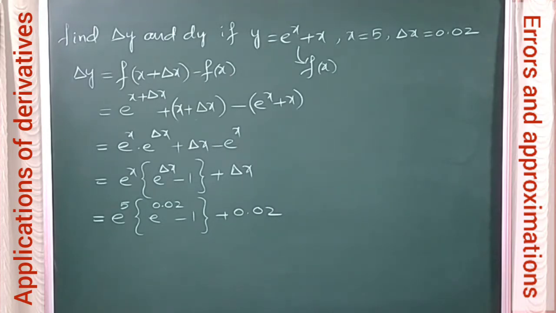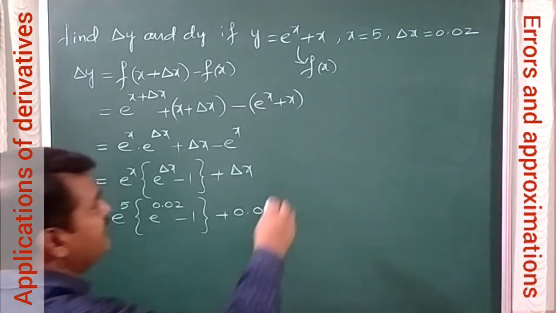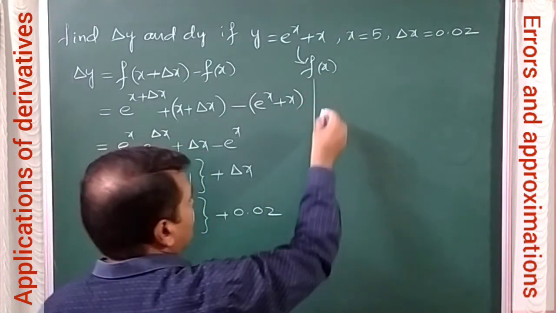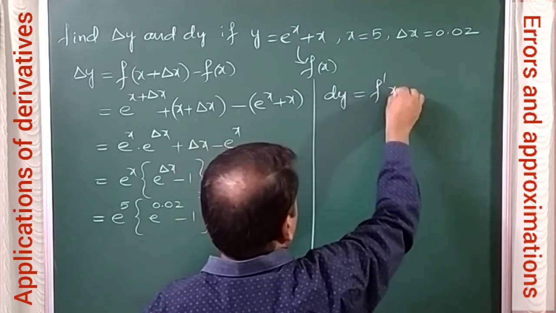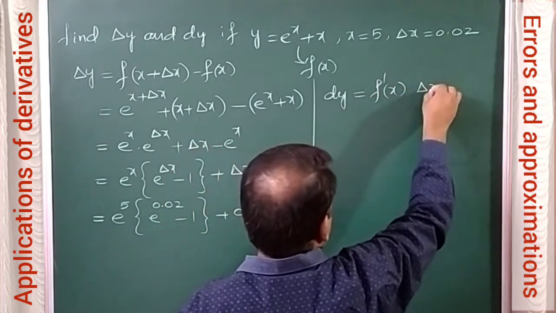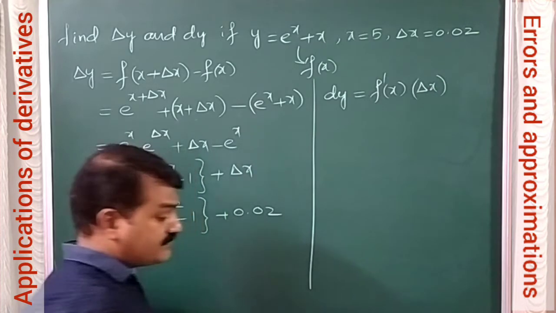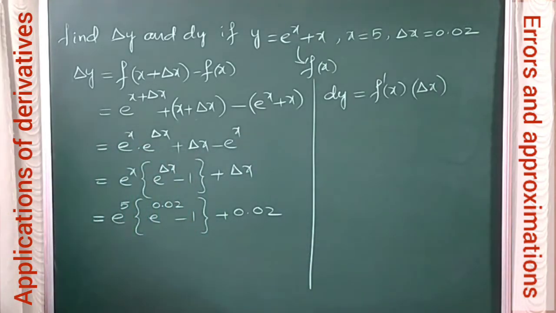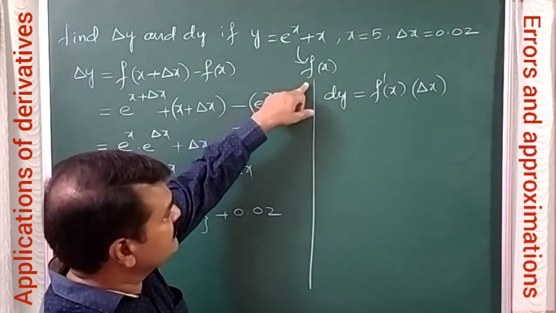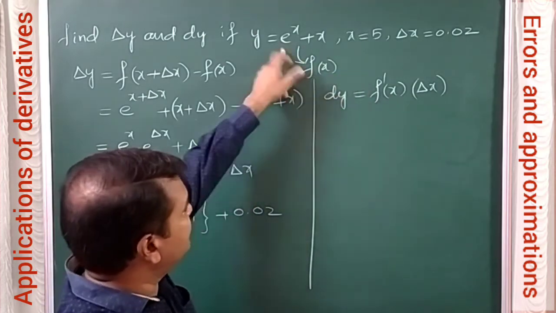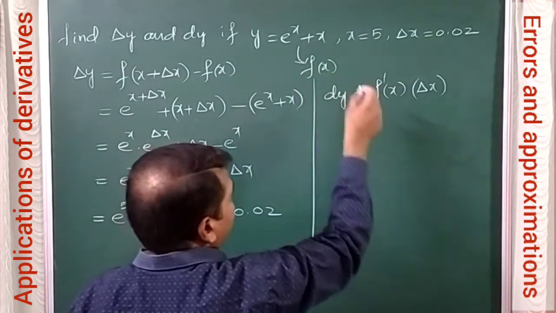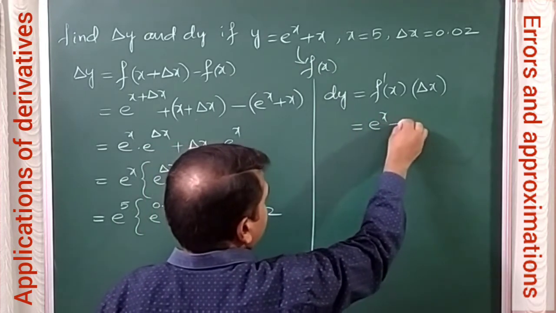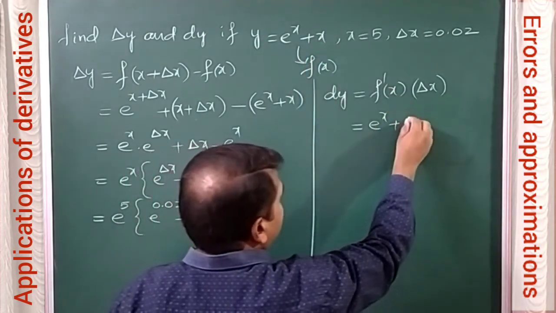Okay. Now let us calculate dy. So dy means f dash of x into delta x. This is dy. So f of x we have here. F dash of x, derivative of f of x will be e power x, derivative is e power x only, plus x derivative is 1.